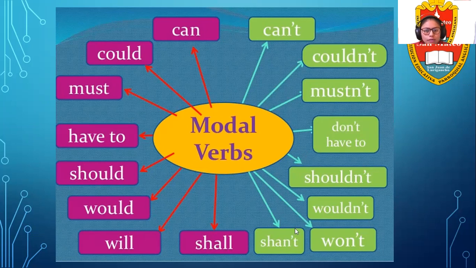So those are modal verbs. But as I mentioned before, today we are going to focus only in two of them. Today we're going to talk about should, okay, and also the use of can. Here is can, okay? So now let's continue.